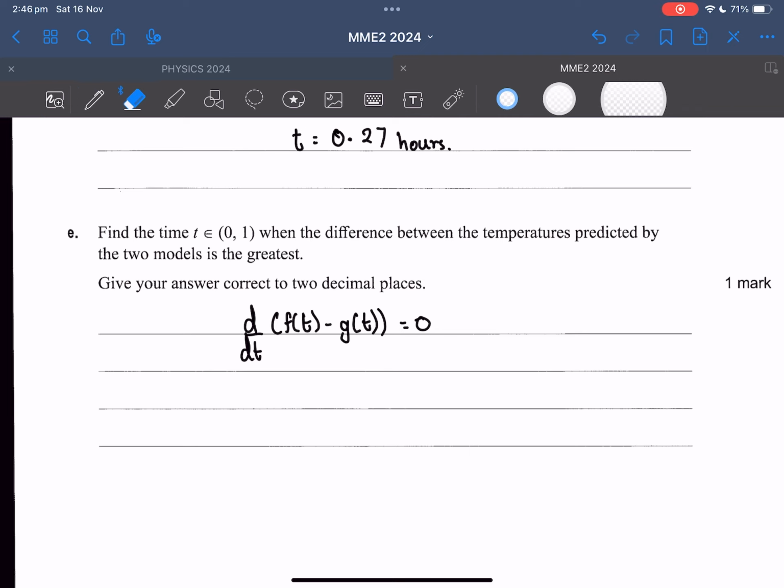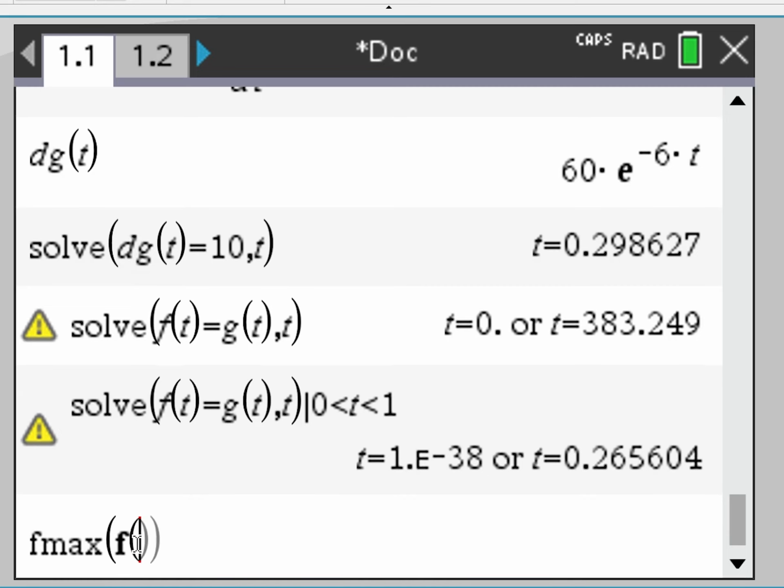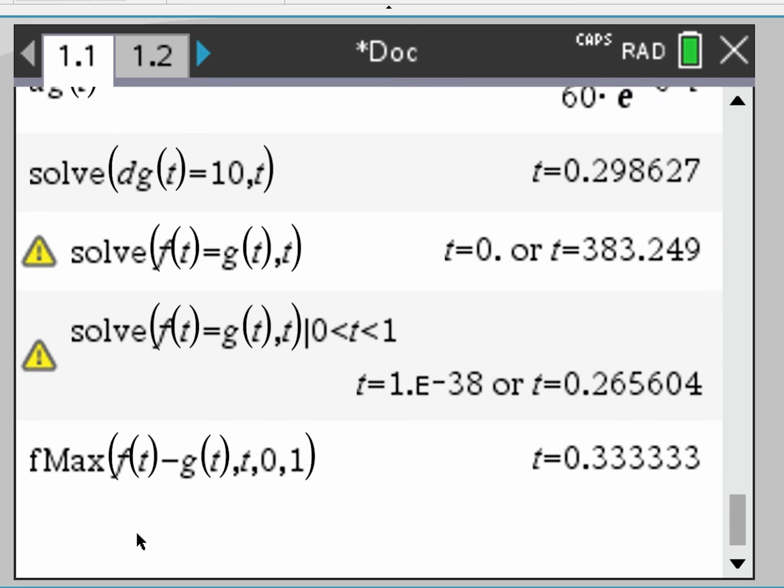Let's do this on CAS now. Rather than using the derivative method, I'm going to try using fMax and see how we go. So f of t minus g of t, comma t, comma the domain, from 0 to 1. Enter. There you go.